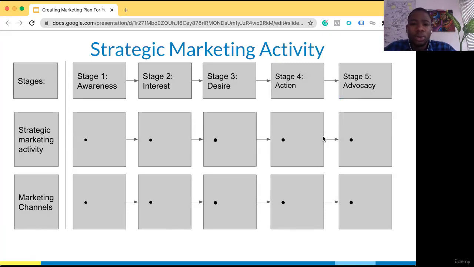Then stage 2, I want to start to spark your interest, right? I want to get you interested in what I want you to buy. So maybe in the example I gave, awareness would be, in that mall, the boutique displaying their best piece of cloth in the show glass in front.